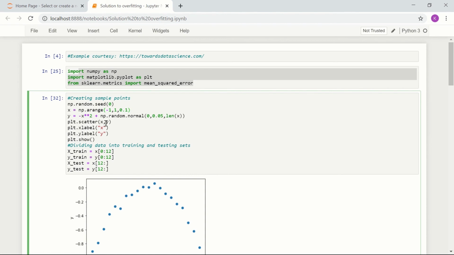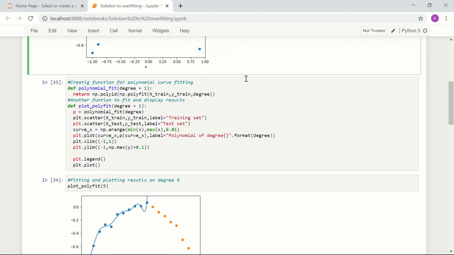We created a data set with some randomness in it, and we split the data into training and testing. We fit the polynomial on the data with the numpy function polyfit, and we visualize it here.